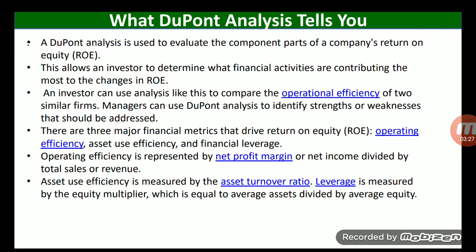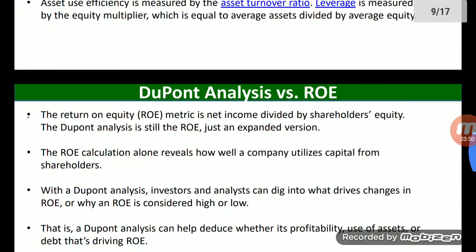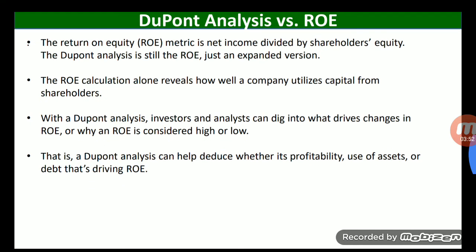What DuPont analysis tells us is operating efficiency, net profit margin, asset turnover and leverage, and how to compare them, and which component gives operating efficiency, net profit margin and asset leverage, we have seen in the previous lecture. DuPont analysis versus return on equity we have discussed.